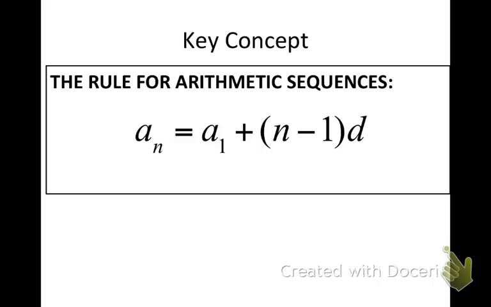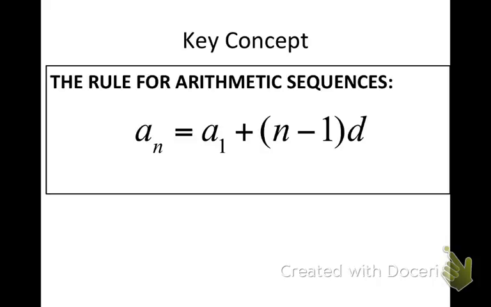Why do you think we take away 1? Alex? Because we already have one of the terms accounted for, right? So if I wanted to find the 50th term, and I'm starting with 3, that 3 is already accounted for. So now I need to focus on the next 49. So that's why you do n minus 1, and you multiply it by the common difference, which is kind of what Marshall was going with.